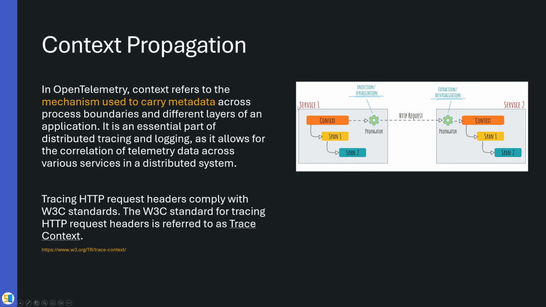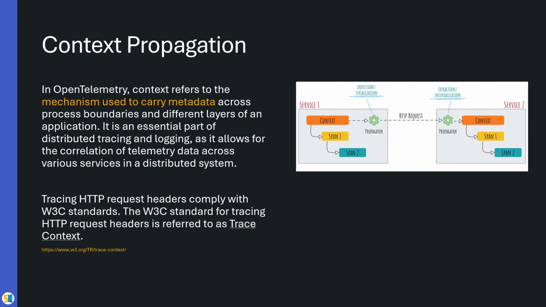So when we see the trace waterfall, you want to see that our service 1 calls span 1 and span 2, and after that it calls service 2, and service 2 has its own spans, and we want them to be connected so we can see the overall span journey.